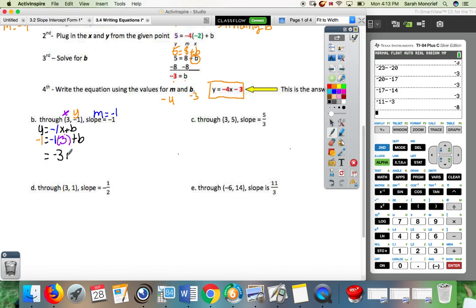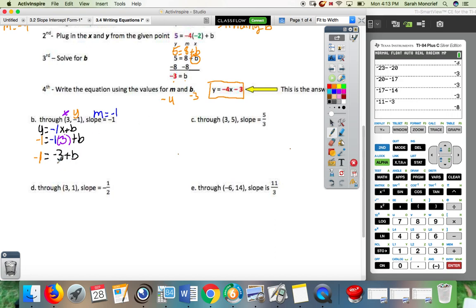So we have negative 3 plus b is equal to, and we can't change anything about negative 1, so negative 1. Now, which number am I trying to get by itself? B. I'm trying to get b by itself. So we're going to do the inverse operation of negative 3 to both sides in order to get b alone.